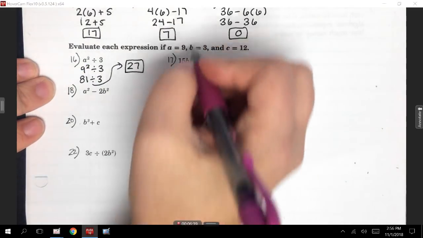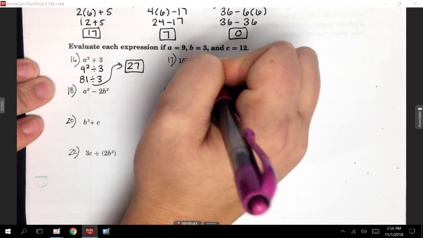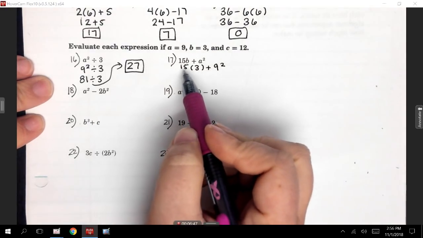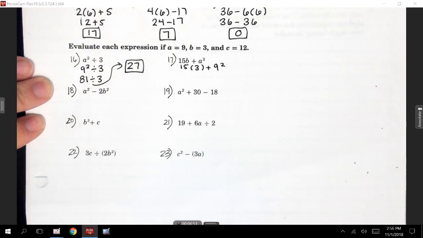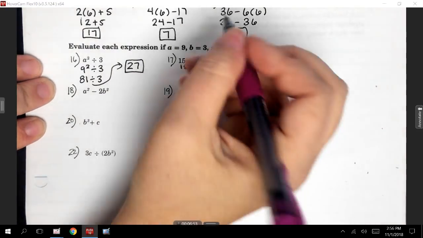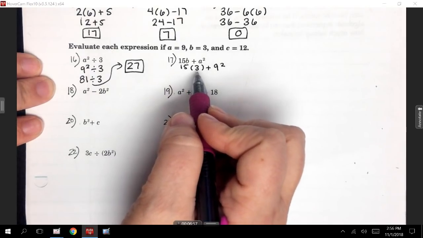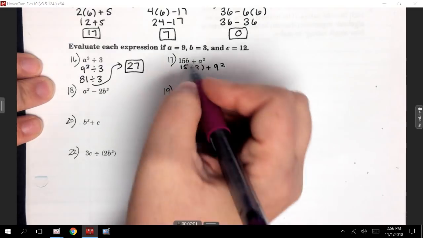All right, number 17 says 15 times b, which is 3, plus a, which is 9 to the second power. And you can see, I don't want that to look like 153, so I put the 3 in parentheses. Order of operations says the parentheses start first, but inside the parentheses it's just a number. There's no math in there, but there is an exponent here.